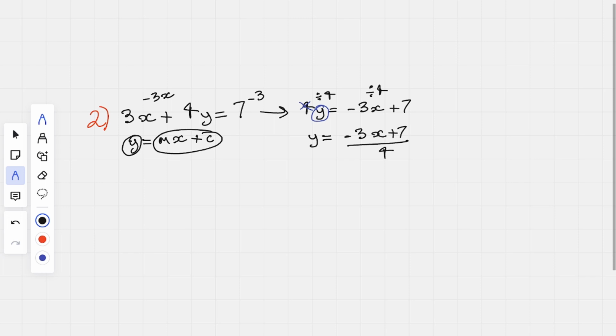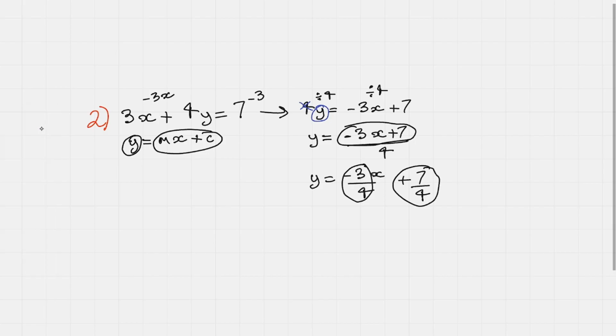Now, a key tip I'm going to tell you guys is to write the divide separately. So don't write the divide by 4 on top of the whole right-hand side. You want to write it like this separately so you guys can easily identify the gradient, which is negative 3 over 4, and the y-intercept in this case, which is 7 over 4.